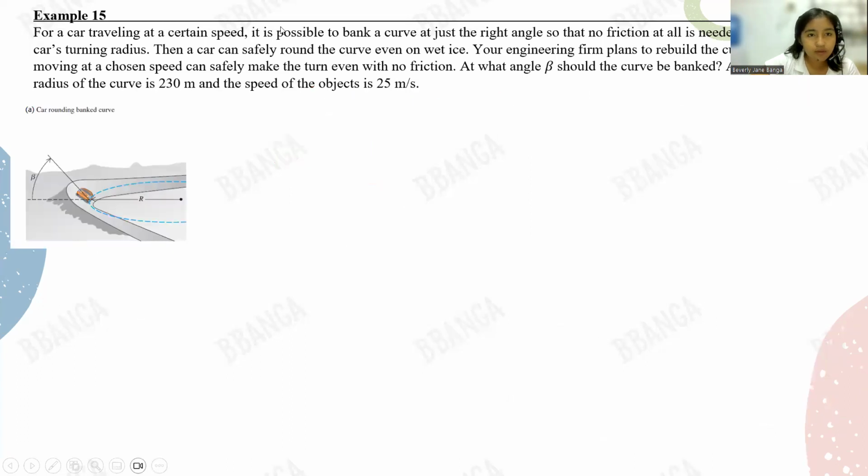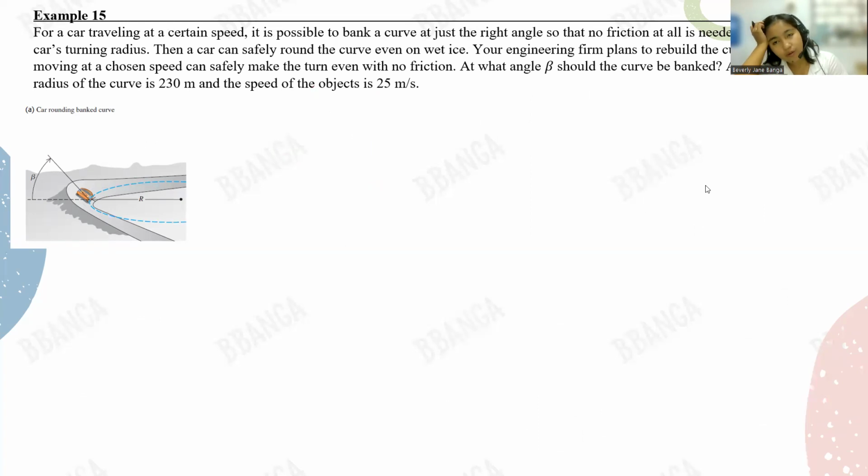Okay, last example. For a car traveling at a certain speed, it is possible to bank a curve at just the right angle so that no friction at all is needed to maintain the car's turning radius. Then a car can safely run the curve even on wet ice.